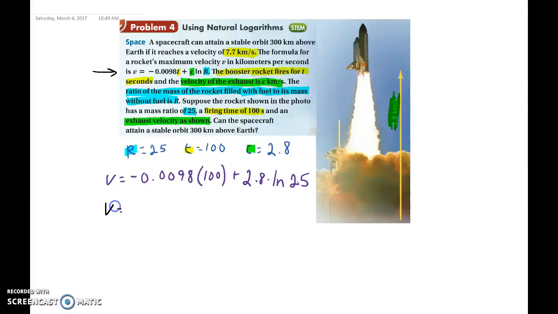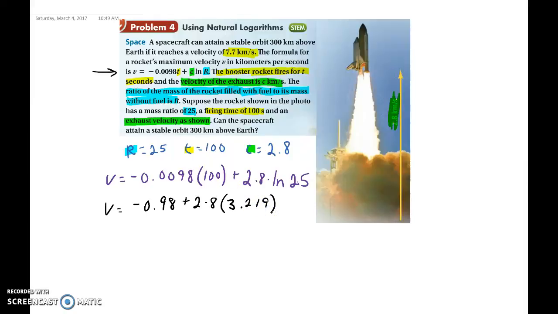So we will get v is equal to negative 0.98 plus 2.8 times our ln of 25, which is equal to approximately 3.219.